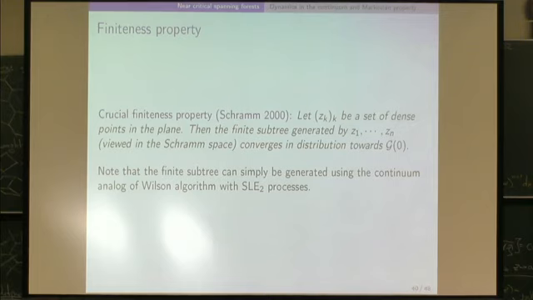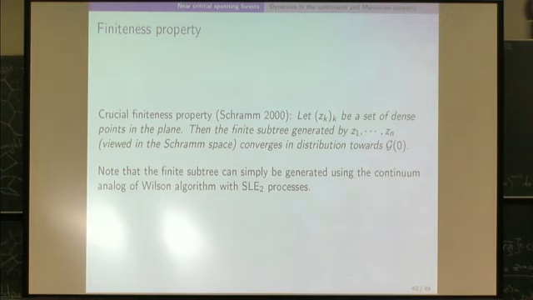Let's look at the finite subtree generated by those n points, and you view that in the Schramm space. Then you can prove that it converges in distribution towards the continuum object, the continuum uniform spanning tree.